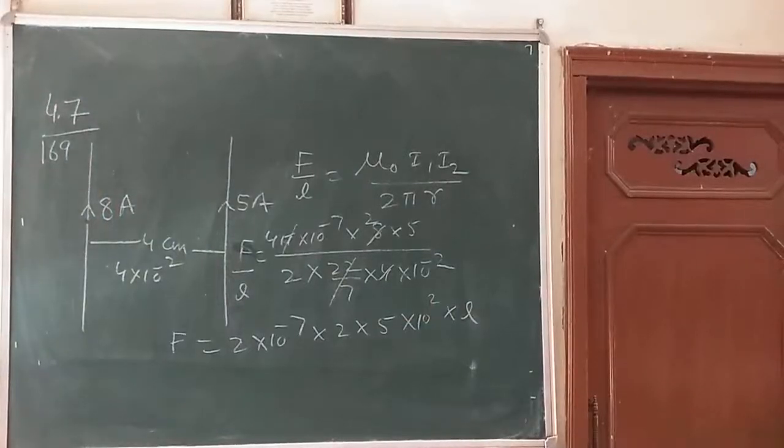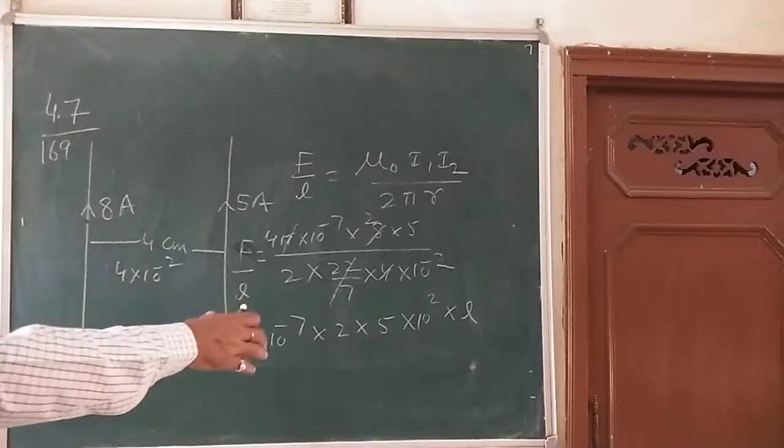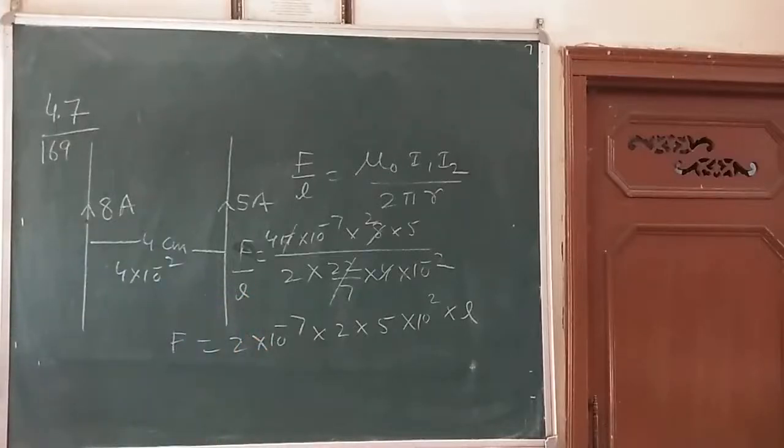Then it asks the direction and magnitude of the force. Estimate. The value asked here is the force on a 10 centimeter section of the wire.